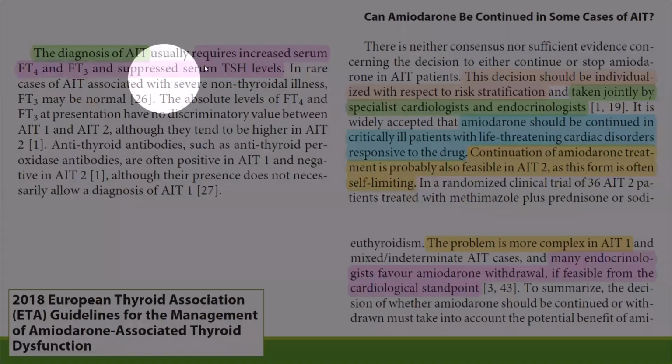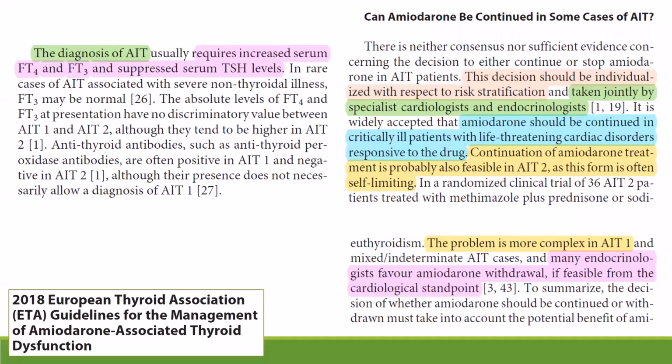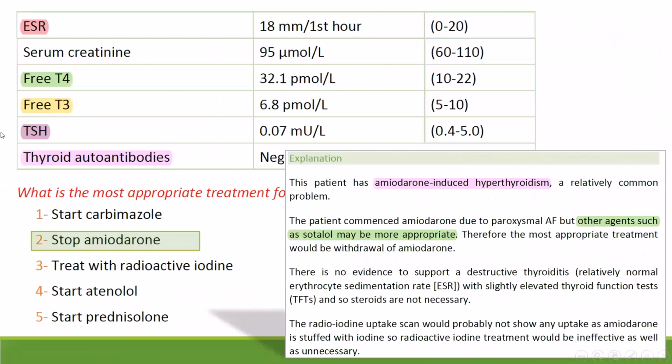They mentioned in the guideline that in a rare case of amiodarone-induced thyrotoxicosis, free T3 may be normal, but is this in a case of severe non-thyroidal illness? So in our case scenario, I cannot be 100% sure this is amiodarone-induced thyrotoxicosis. It may be an amiodarone effect.